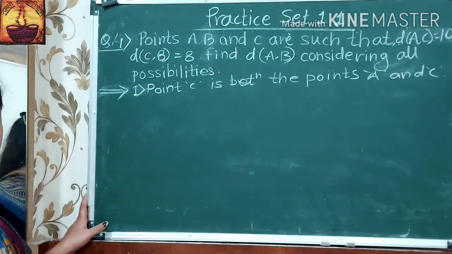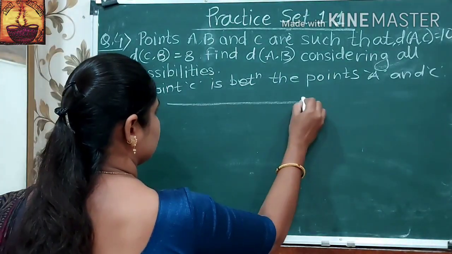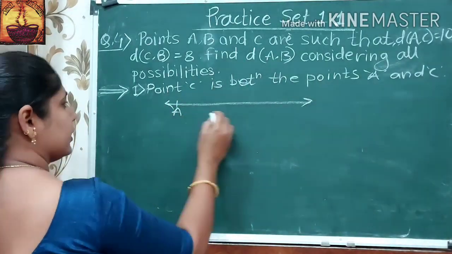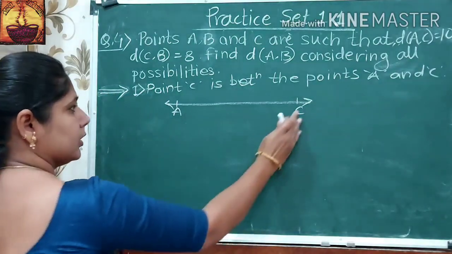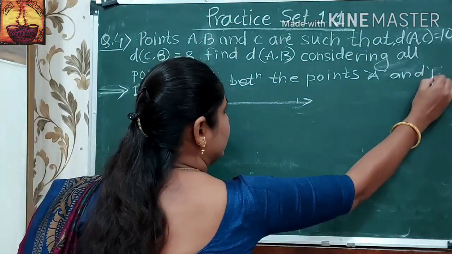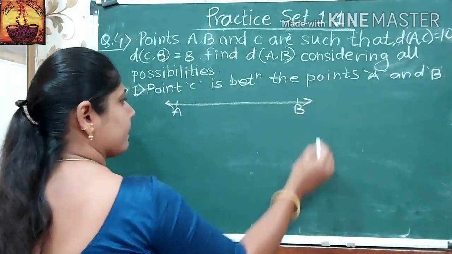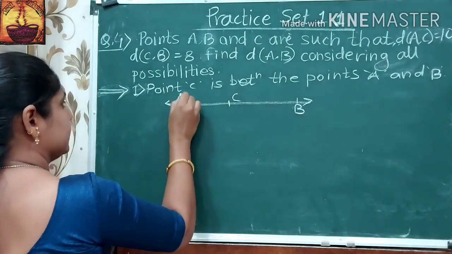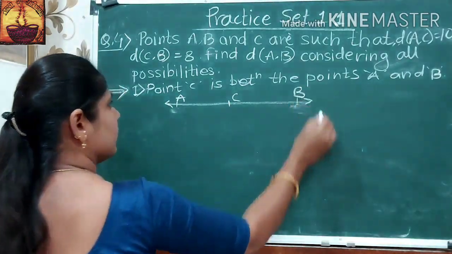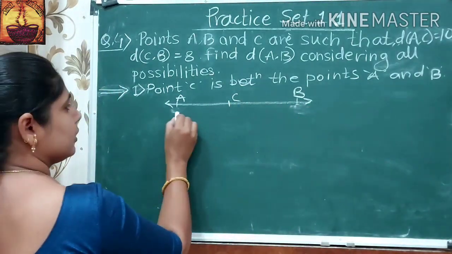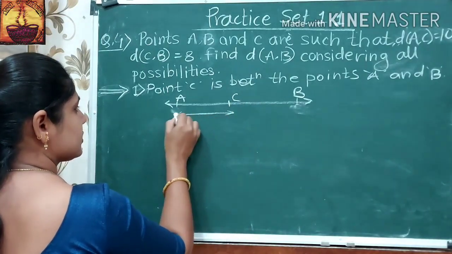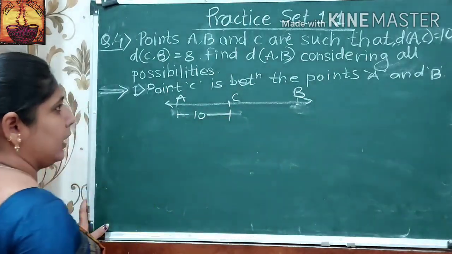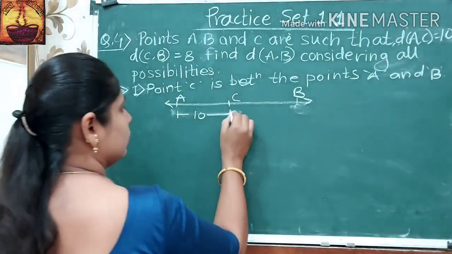If we consider this possibility and draw a figure, point C is between A and B, it means here the end points are A and B, and point C is between them. We have distance AC is equal to 10 and distance CB is equal to 8.